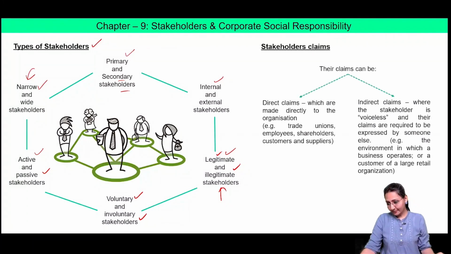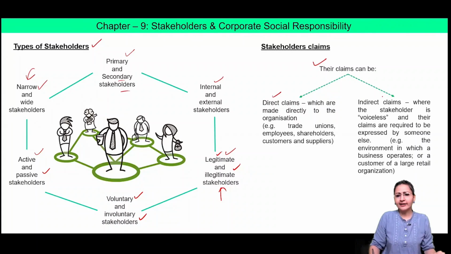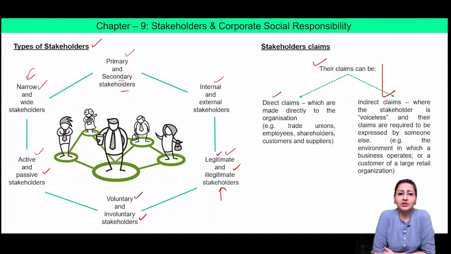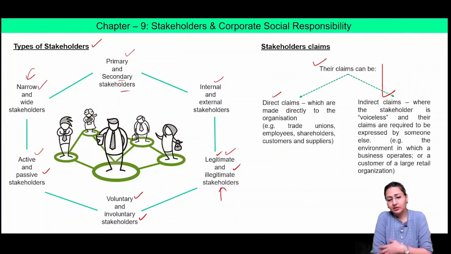Now, stakeholder claims. Stakeholder claims can be direct claims and indirect claims. Now, remember, why are we taking up this topic is in case you have a question in the exam related to stakeholders, some of the terminologies may be used from here. Their claims, you may have to use the word direct claims and indirect claims.